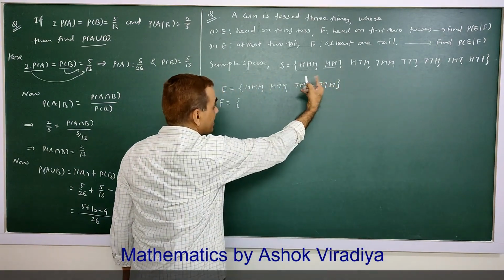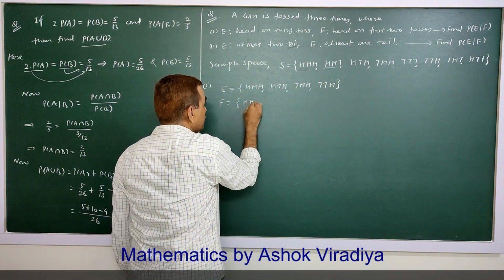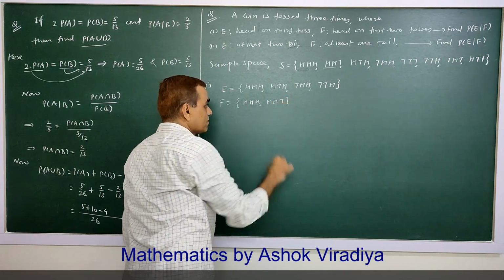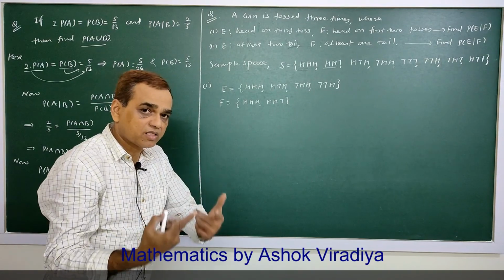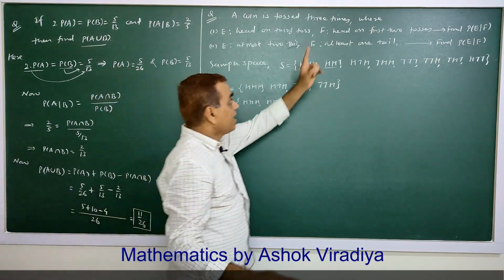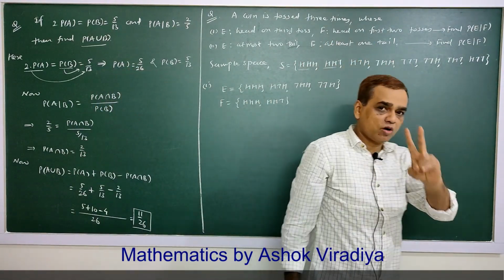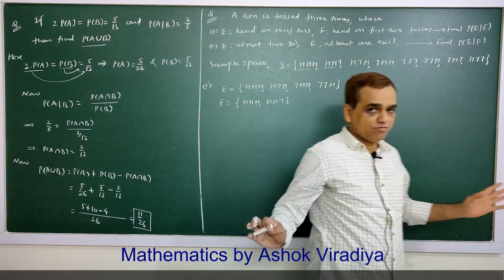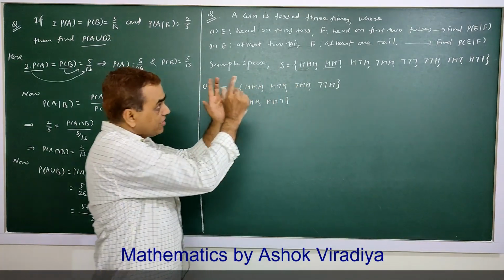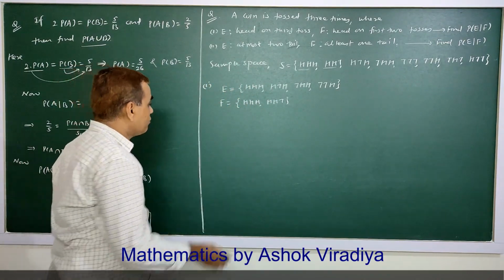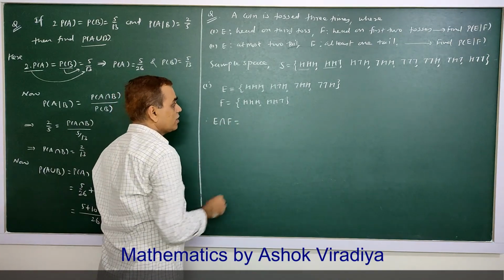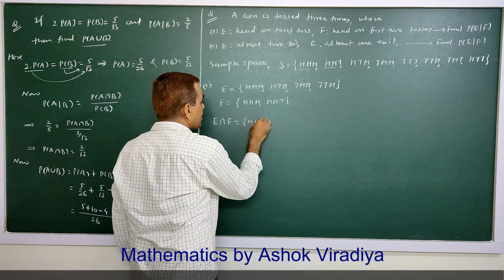So these are only the elements in which head is on first 2 toss. Don't worry about third toss. Only condition is head on first 2 toss. Third toss can be any outcome. Focus only on given condition. Now, intersection of this is equal to HHH.